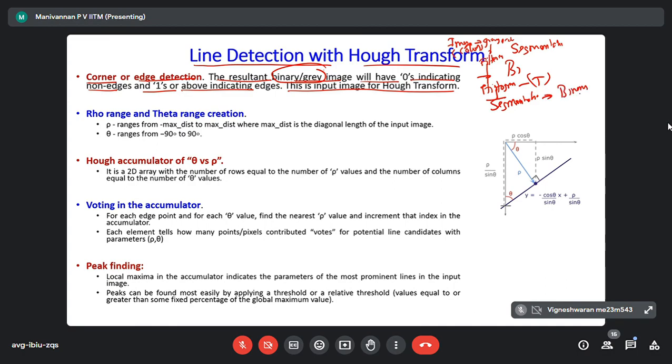We know that the value above the T value will be represented with 1. The value less than the T value will be 0. For example, you do a histogram, and you find what? We know that the grayscale value, I'm just trying to summarize, varies from 0 to 255. 0 means black, 255 means white.